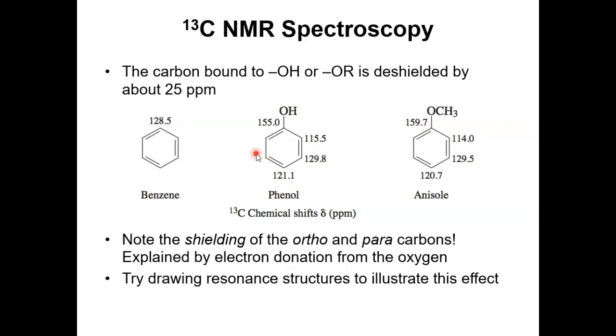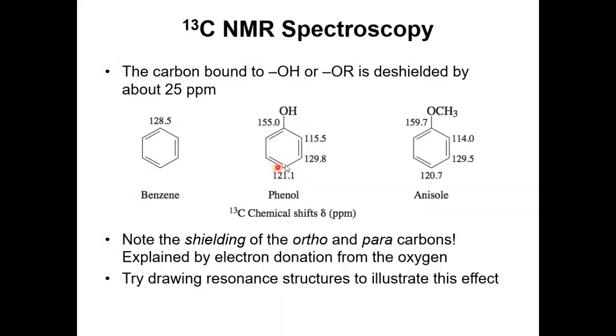And if you look at the rest of the ring carbons, these two carbons, the chemical shift values are lower than this. That cannot be explained by inductive effect alone. Because if we explain by inductive effect alone, you would expect this carbon to have a higher chemical shift value than this. But in reality, it is lower.